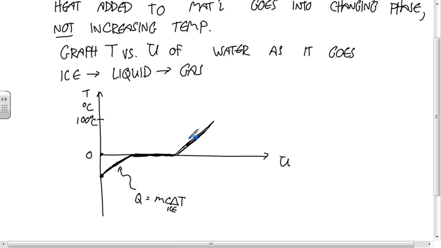And the slope is different than this one. This part goes according to the equation MC, C of the liquid, delta T. And that goes on until it gets to the next phase change boundary. For water, that's at 100 degrees Celsius.